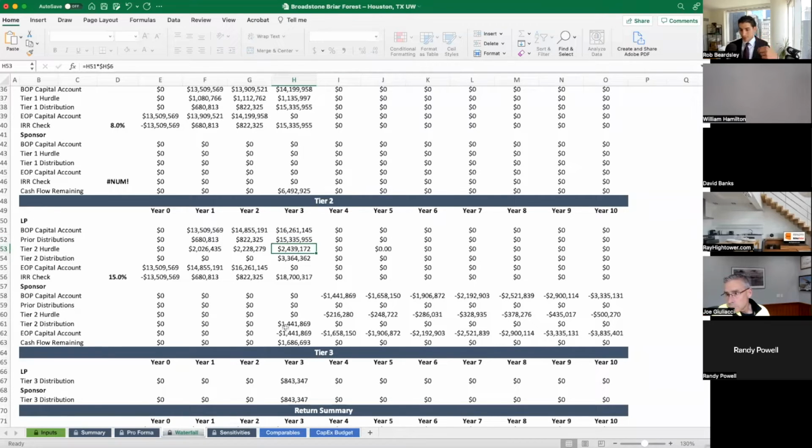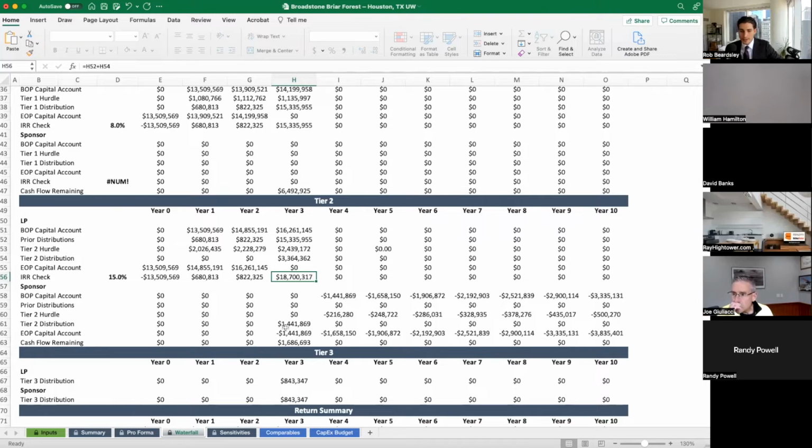And in order to hit the 15% IRR, there's a 2.4 million, which is the 15% on 16. I know there's a lot of numbers now. And then in order to meet the 15% IRR, we actually have to distribute another 3.3 million on top of the 15.3 million for a total of 18.7 million to hit the 15% IRR.